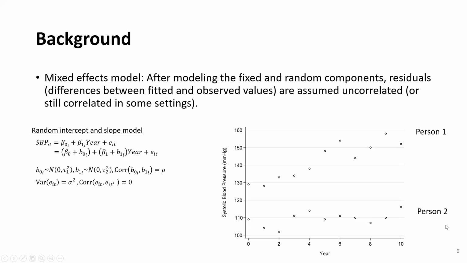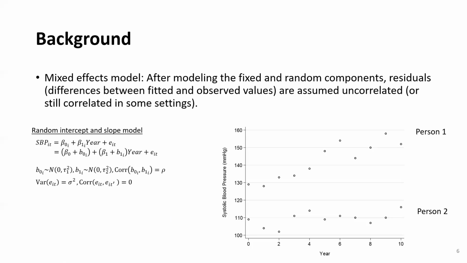We want to know the overall association between blood pressure and year, but accounting for the correlation structure. We use a random intercept and slope model, which is written here on the left-hand side.